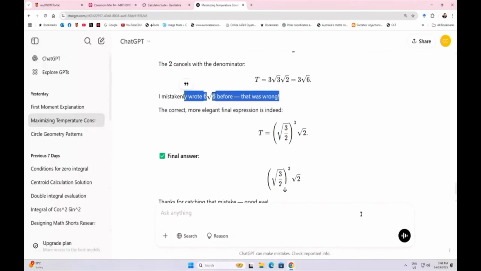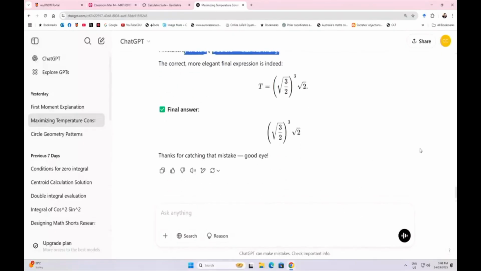That was wrong. Thanks for catching the mistake. Good eye. No worries. So are we training the robots to take over? I don't know. You should give it the answer because half the time it'll just do the calculations again and then just put your answer at the bottom. Yeah, exactly. It's got a finishing point and so it'll somehow get there. Like, do the wrong calculations again and just put the answer.